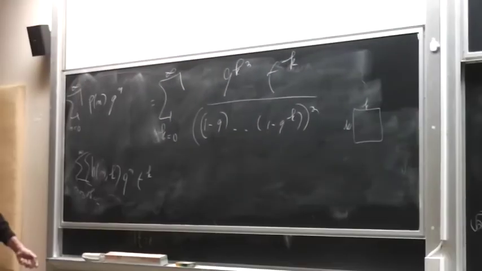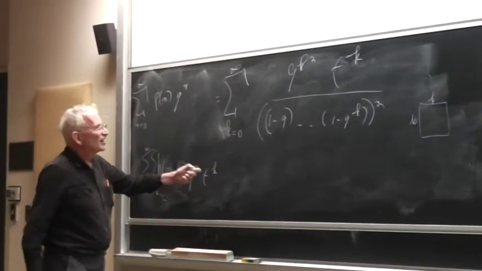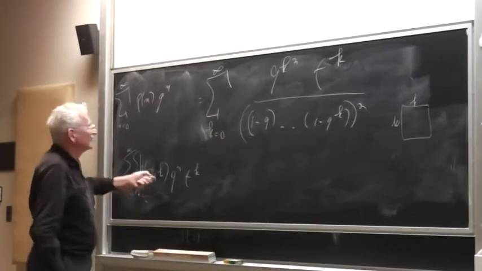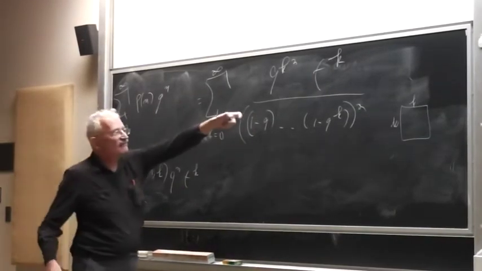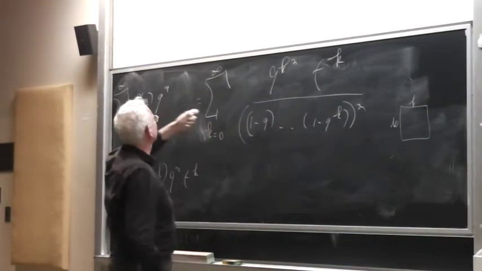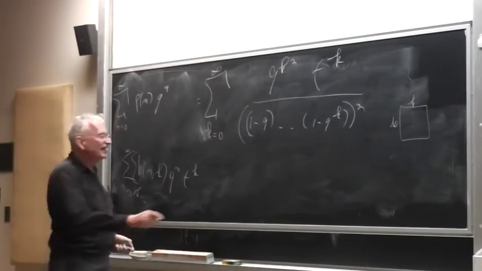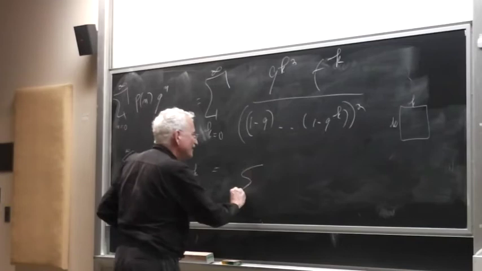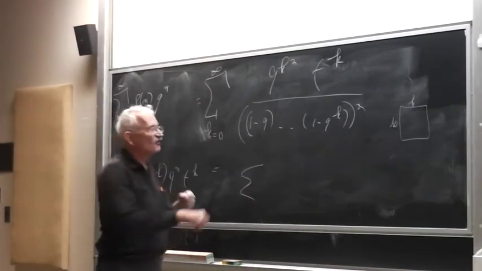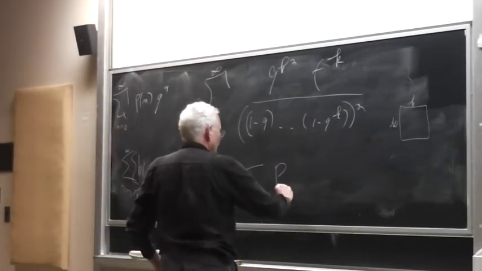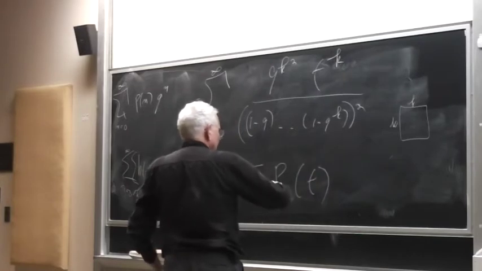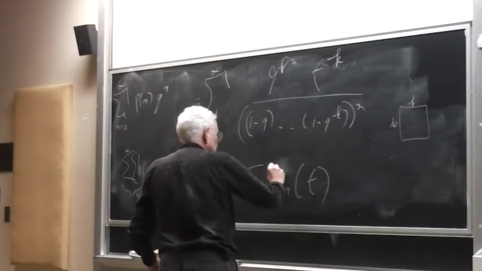So extracting the coefficient of q to the power n from this, before, only gave you the number of partitions. But now it gives you the combinatorial generating function of the Durfee square. So let's call it an H for Hirsch.